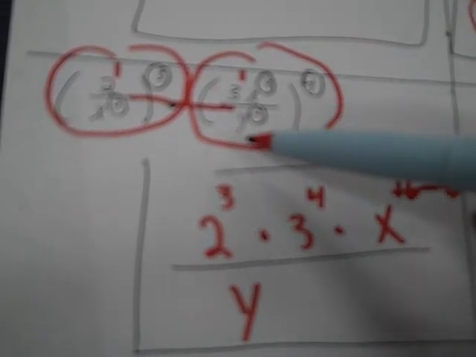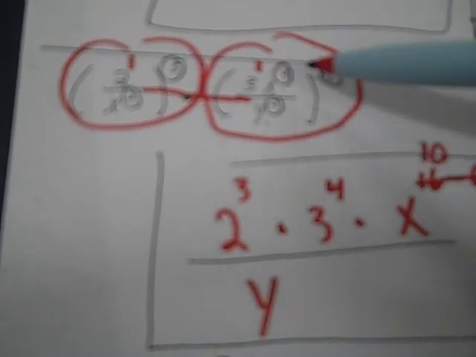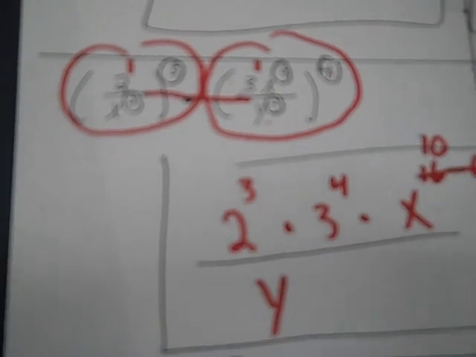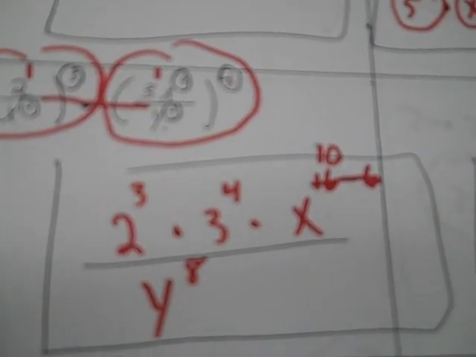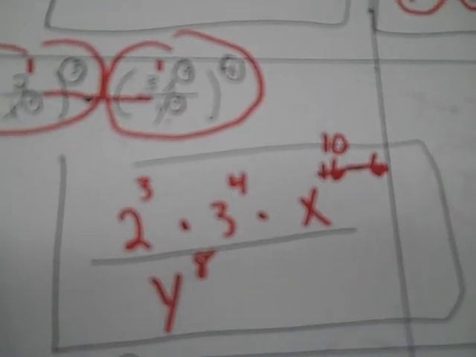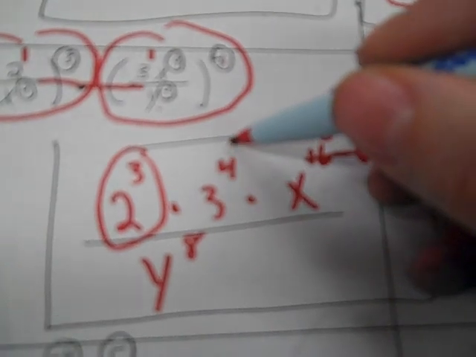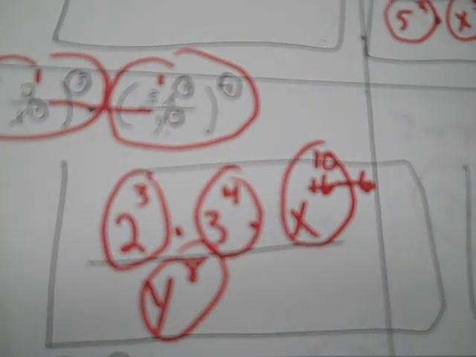Okay, now what's our y? Our y is to the 2nd, but again, that's included in the parentheses. Okay, so I don't want to just write down 2. That's wrong. The parentheses is around it, so the 2 has to be multiplied by 4. 2 times 4 is 8. Okay, now here are my factors. 2 to the 3rd, 3 to the 4th, x to the 10th, y to the 8th.